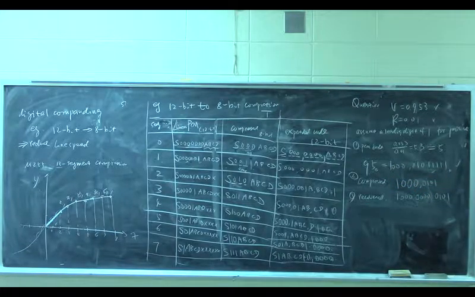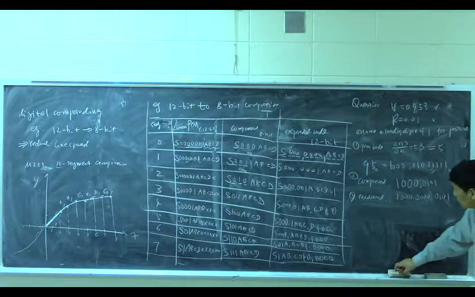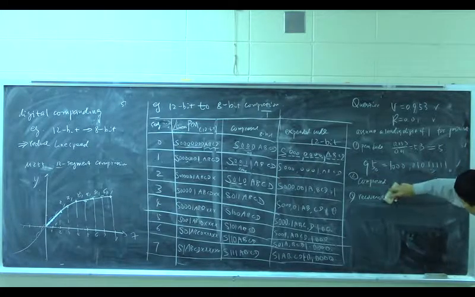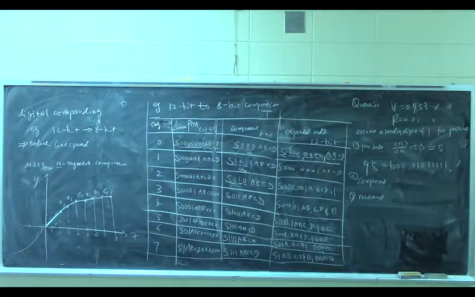So what segment is this? 3, right? It's the third, right? Okay, 3. Then what is the compressed code? That's the compressed code.